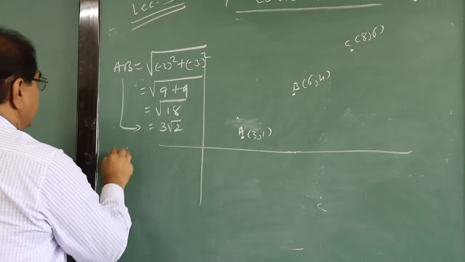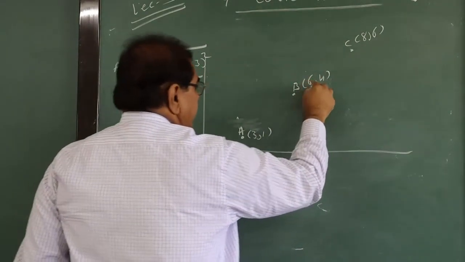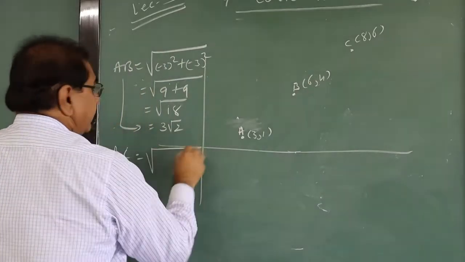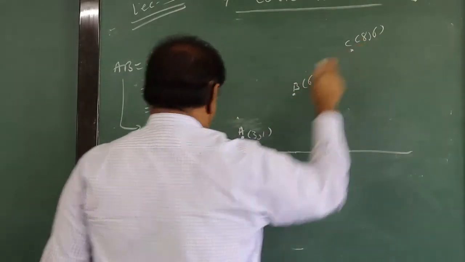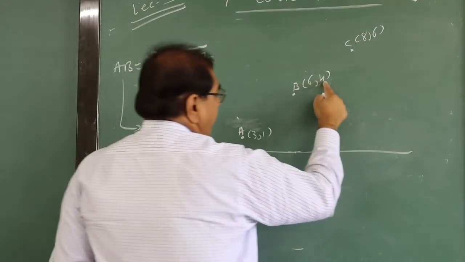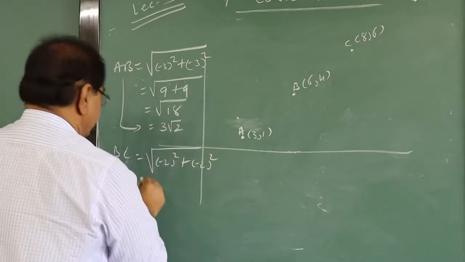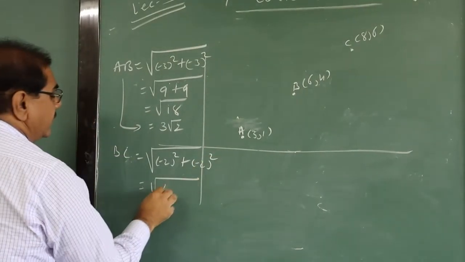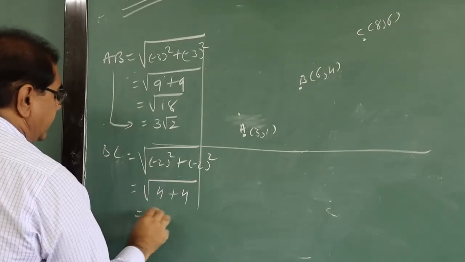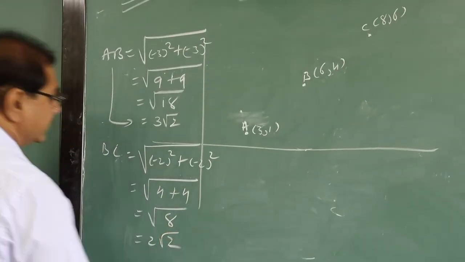Now we go for BC. BC means these two. Square root of (6 minus 8, minus 2 square) plus (4 minus 6, again minus 2 square). Square root of 4 plus 4 is equal to square root of 8, which is 2 root 2.